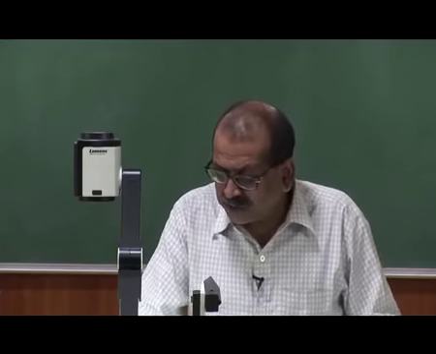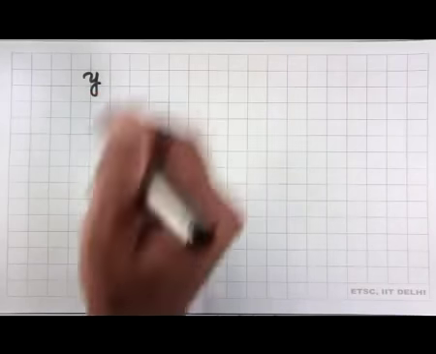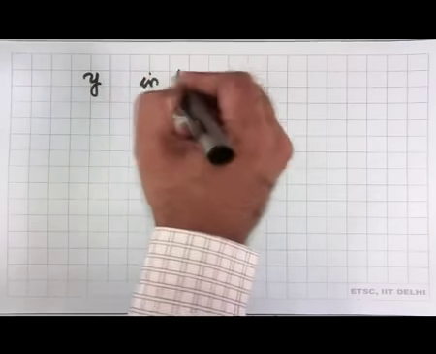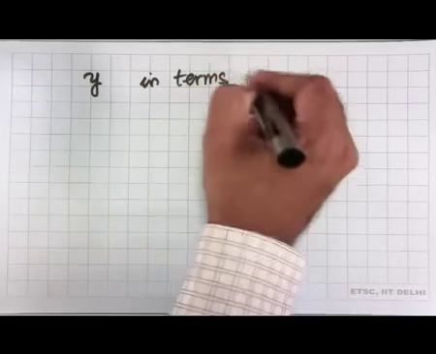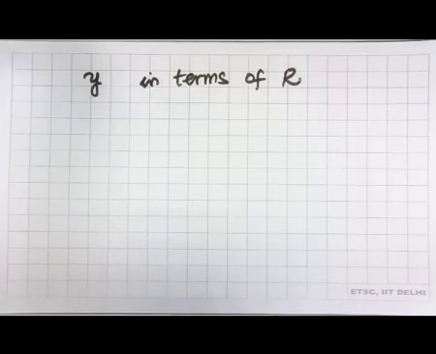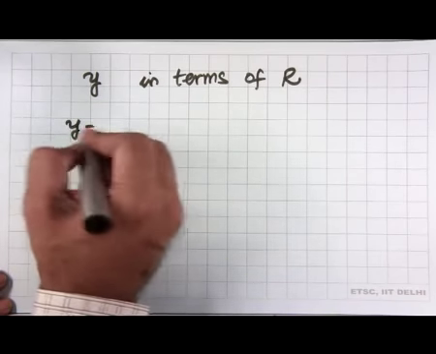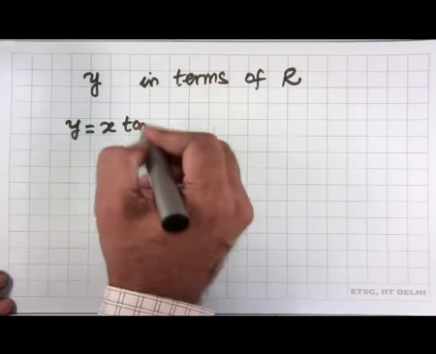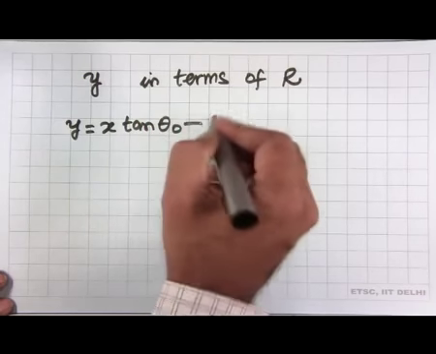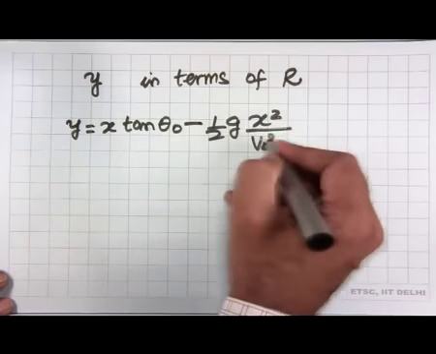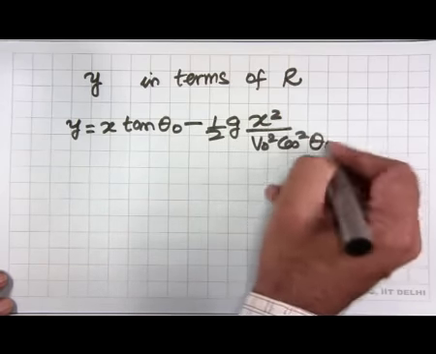So let us now express the vertical distance travelled by the projectile in terms of the range, because sometimes this could be useful in looking at some of the problems. So let us write y is given by x times tangent theta 0 minus half g x square upon v 0 square cos square theta 0.